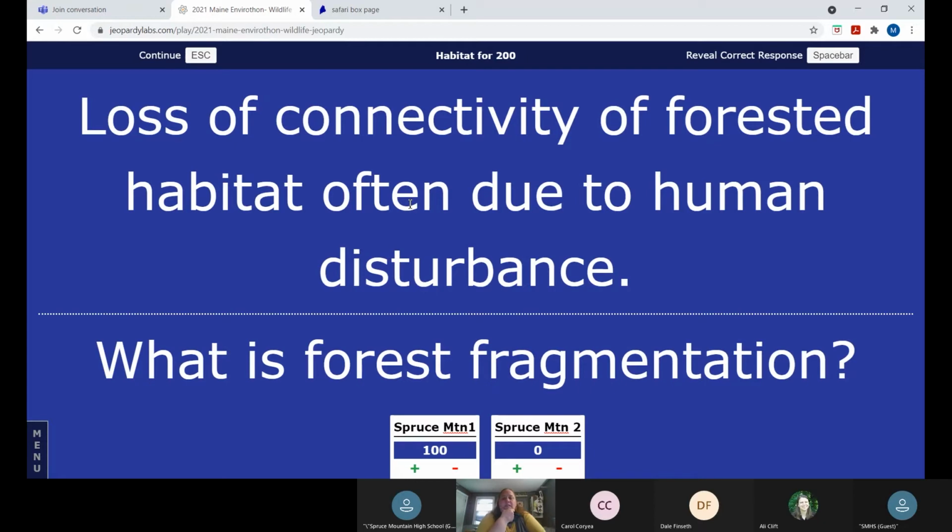So understanding that effect of forest fragmentation on the landscape in relation to how it disturbs movement of animals and changes habitat is a really important concept. Like I said, some of these have a lot of overlap with forestry and aquatics.